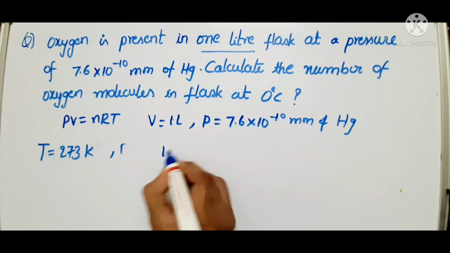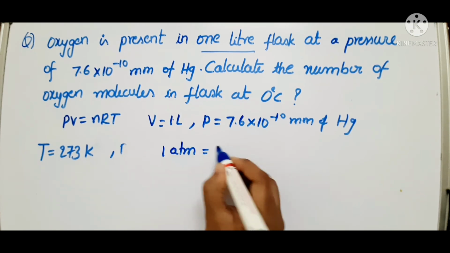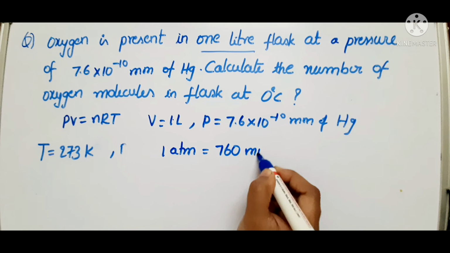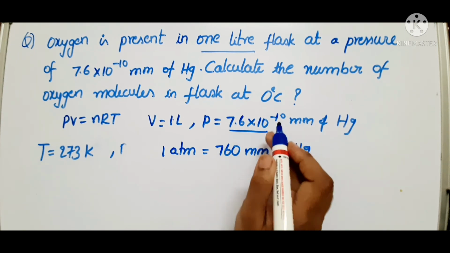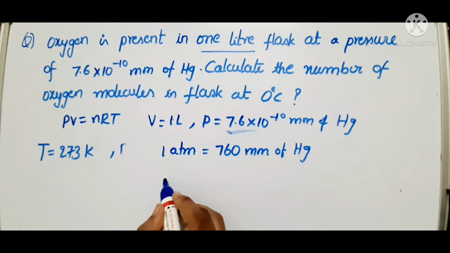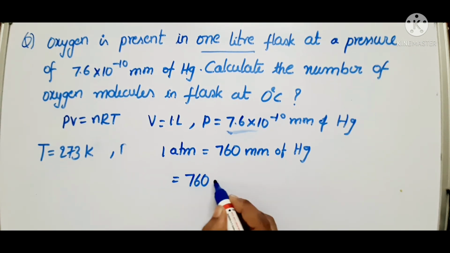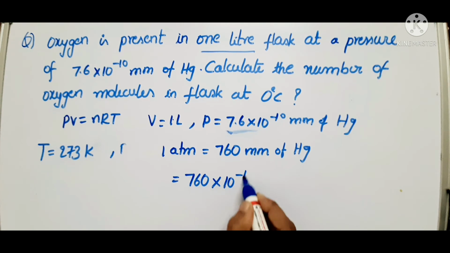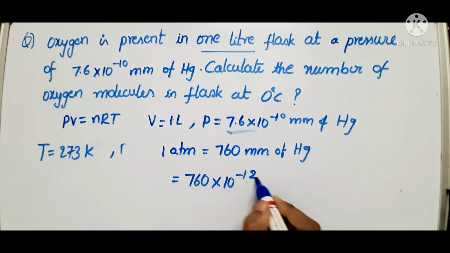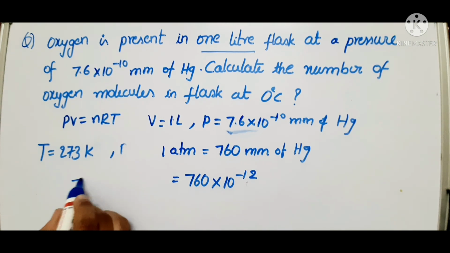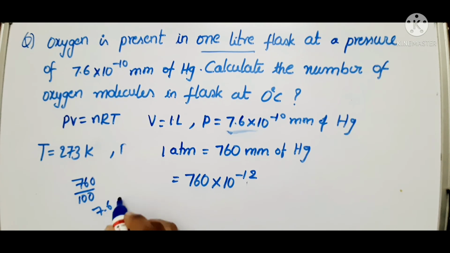So how can you convert this pressure into atmospheres? You know 1 atmosphere equal to 760 mm of Hg, right? So I am converting this value like this. Check this. I am writing this value as 760 into 10 power minus 12. Simply, 760 divided by 100 will be 7.6, into the given value 10 power minus 10.